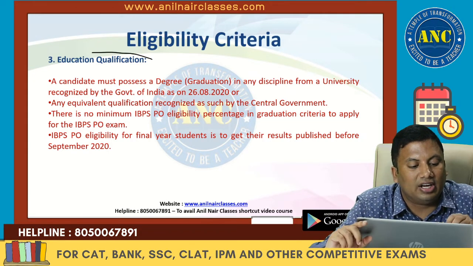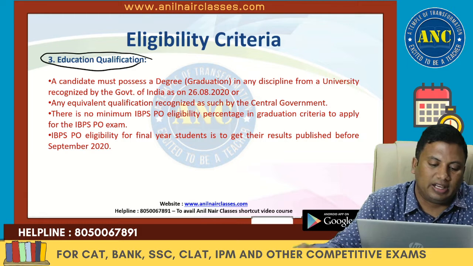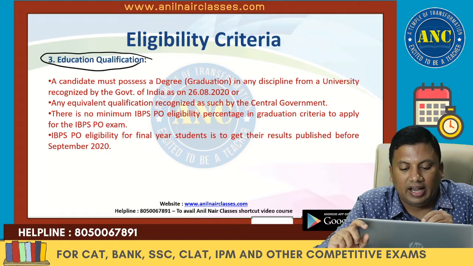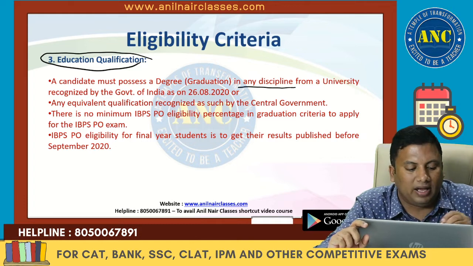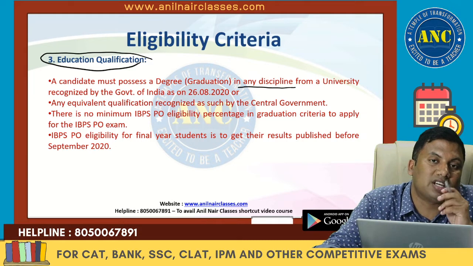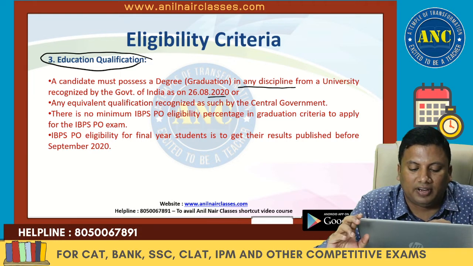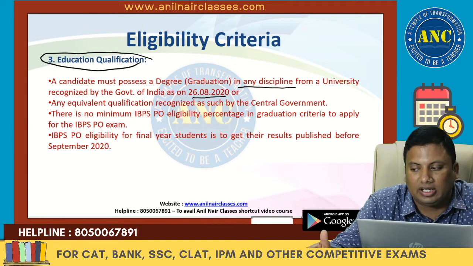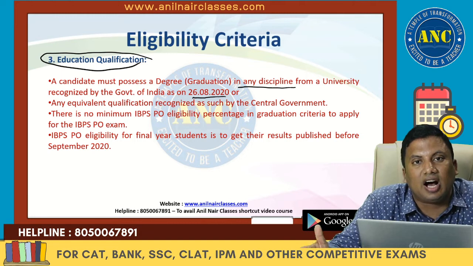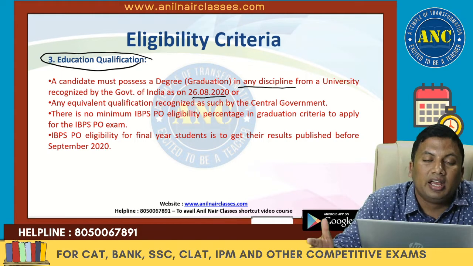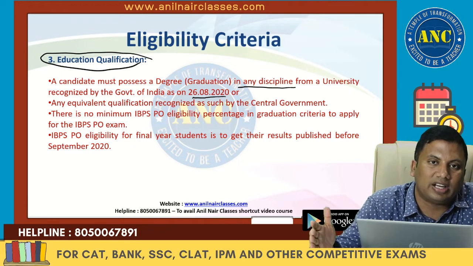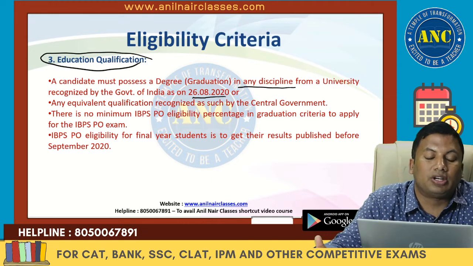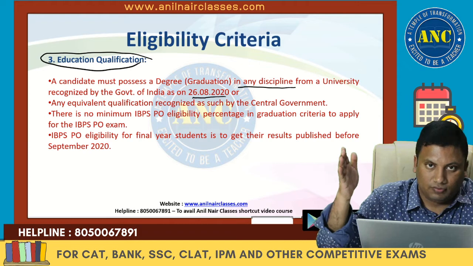Let us see the educational qualification eligibility criteria. A candidate must possess a degree in any discipline from a university recognized by the government of India as on 26th August 2020. Till 26th August 2020, if you are a student who got a graduation degree, you are eligible to write the examination.